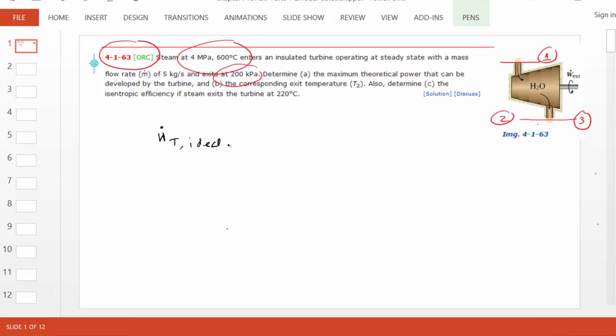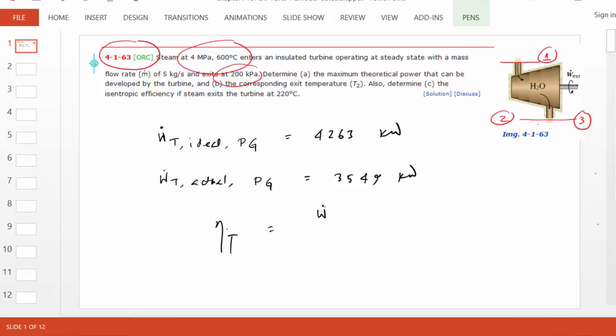So the ideal work output of the turbine when you use the PG model was found to be 4263, and the actual output for the PG model was found to be 3549, which resulted in a turbine efficiency, which is W_T actual by ideal, to be about 83.2%.